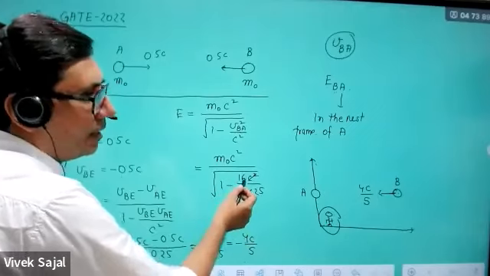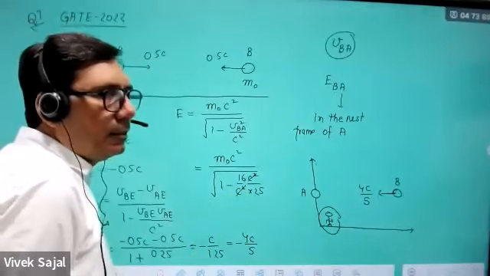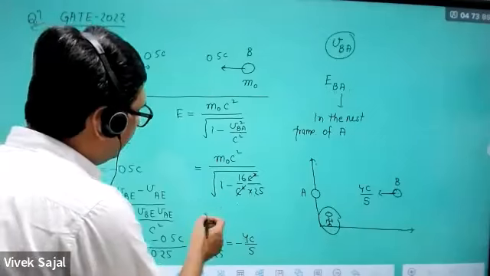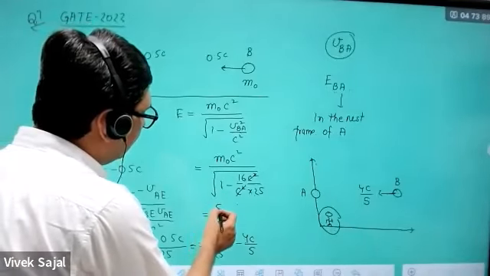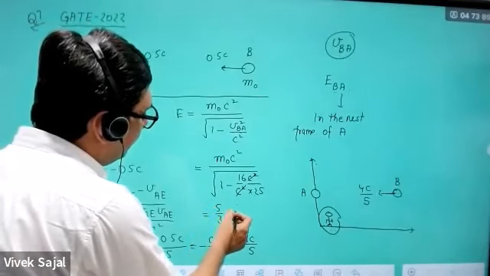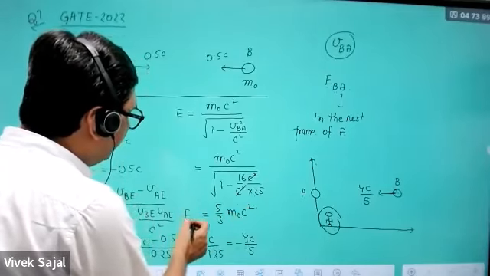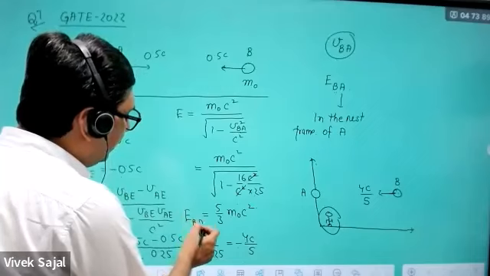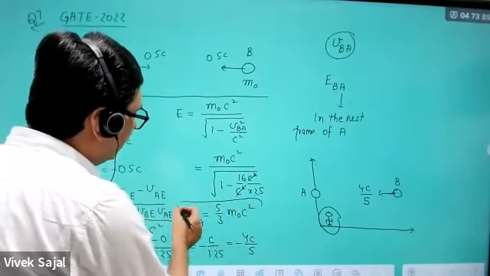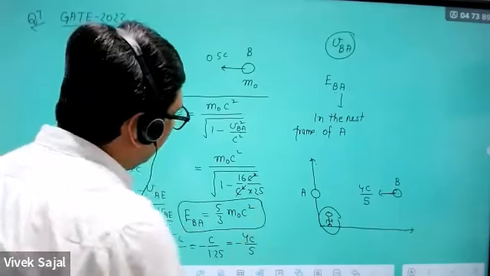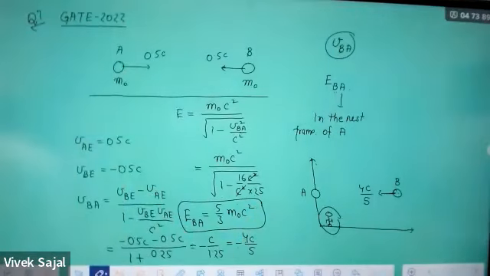This will be 25 minus 16, 9. So this will be 3 by 5 here. So this will be 5 by 3 m naught c square. This will be the energy of B as observed by A. This should be the answer.